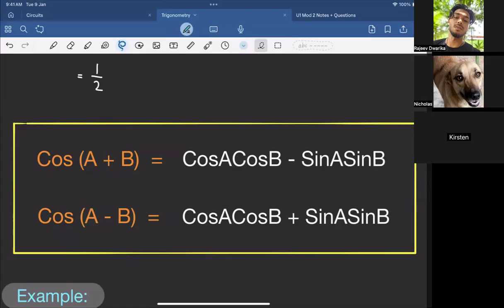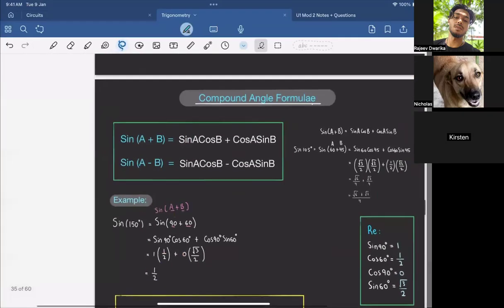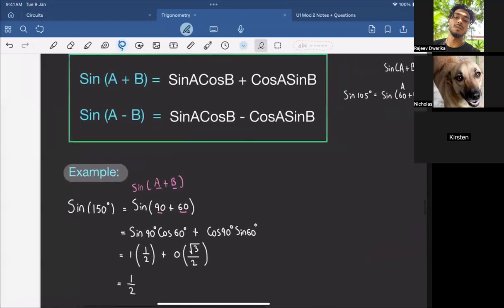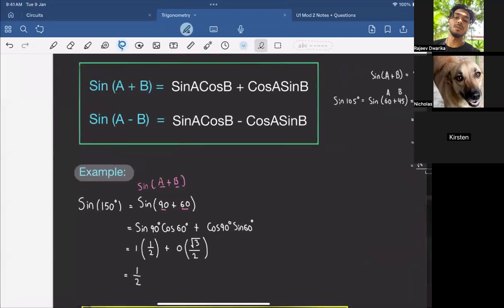Okay. Right, so you have to copy down. Kirsten, let me know if you have a Kirsten, you would have missed out some stuff. We started compound angle formulas. I'm not sure, did you get the time to copy down the compound angle formula for sine and the example? No? All right, take it down.